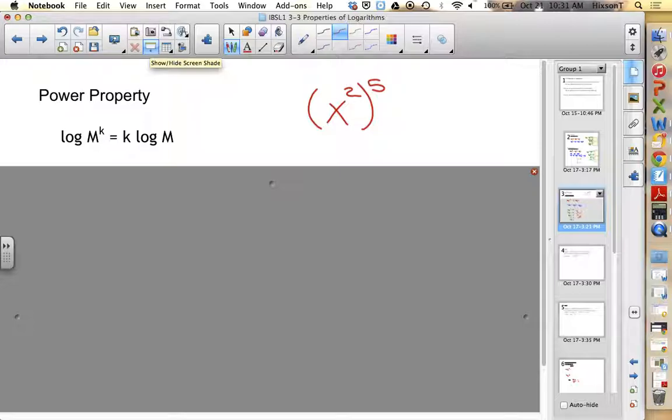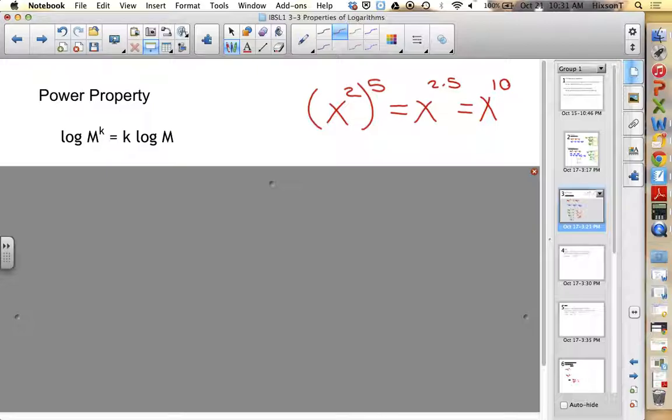How did you simplify that back in Algebra 1? You multiplied the exponents, right? So 2 times 5, you get x to the 10th. Well, here, we've got a logarithm.